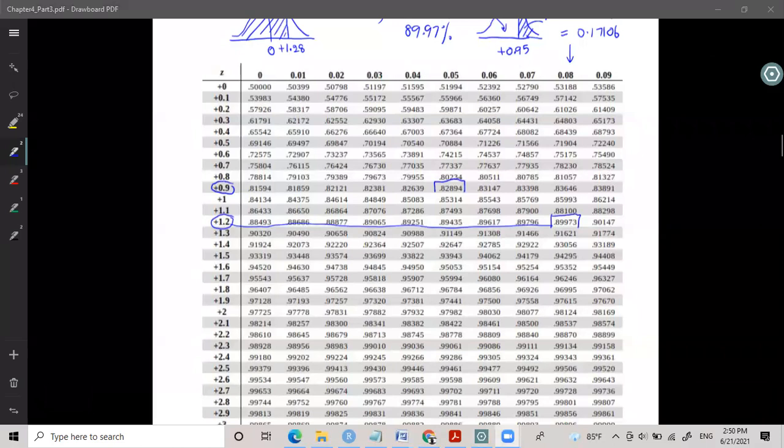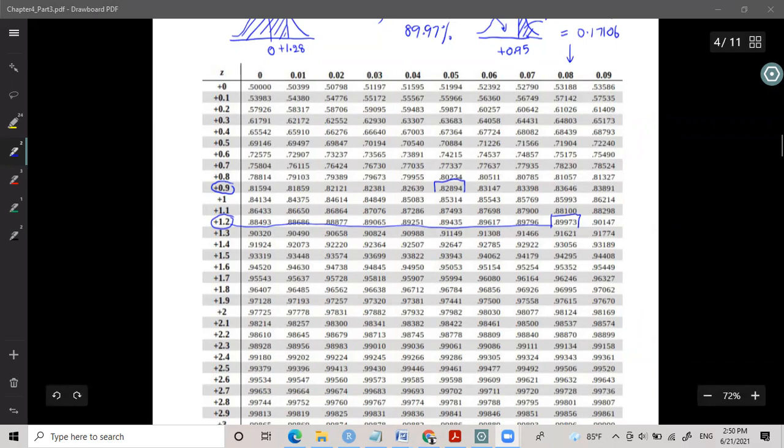See, 0.80, you have two candidates. These two values, 0.80234 and 0.7995, right? 0.80 is in between these two.